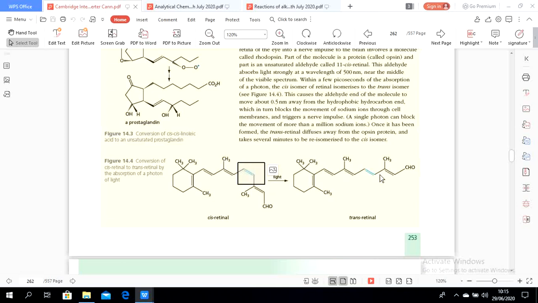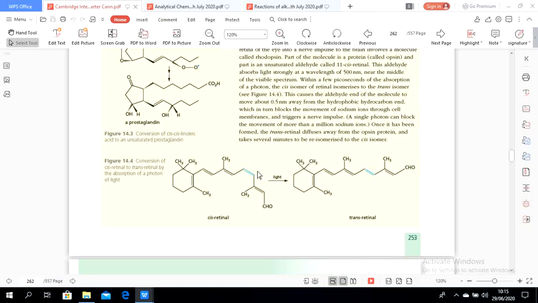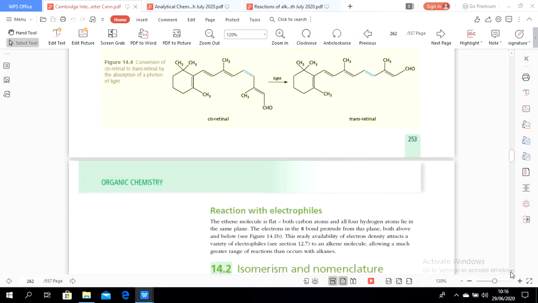Similar to this one, we know that here contains hydrogen atoms. When two hydrogen atoms are on the horizontal, it is called cis. When hydrogen is on the diagonal, it is called trans. So imagine this one hydrogen and this one hydrogen, so hydrogen is diagonal. So it is called trans structure.